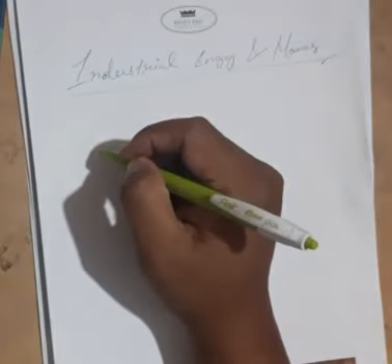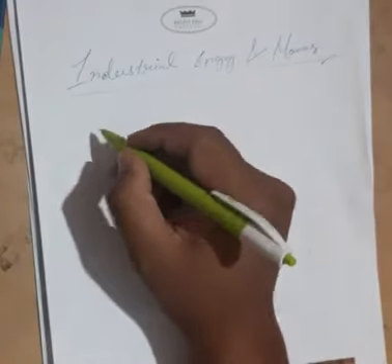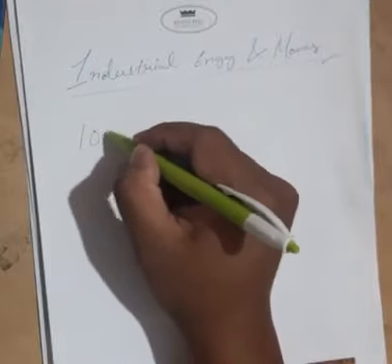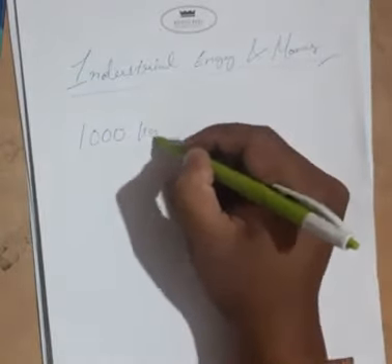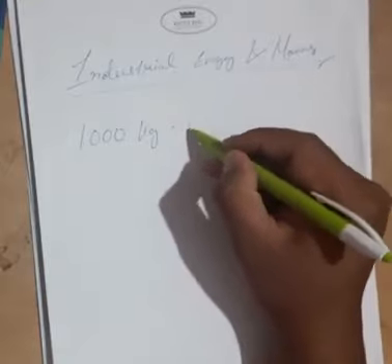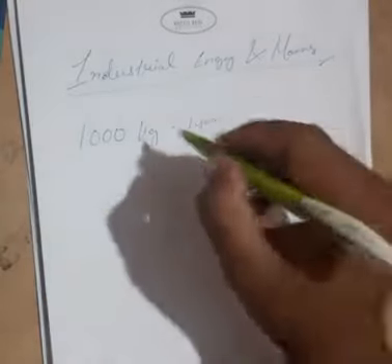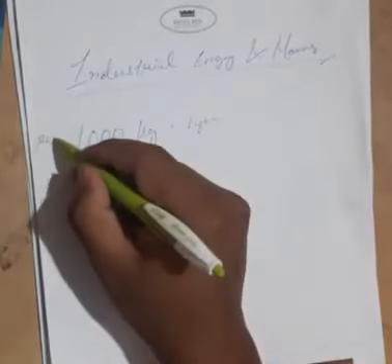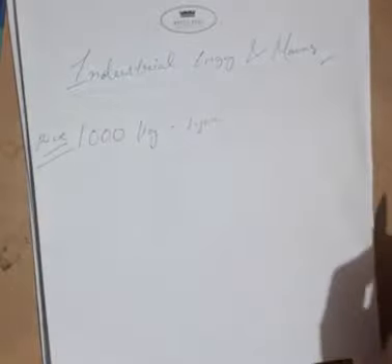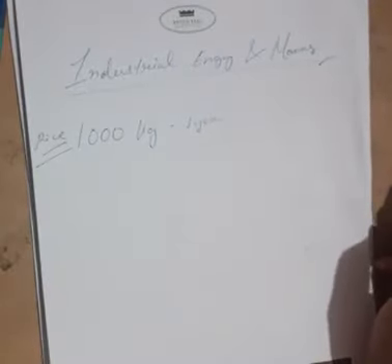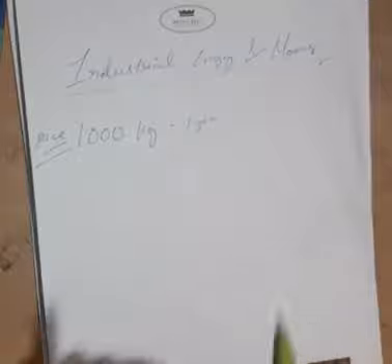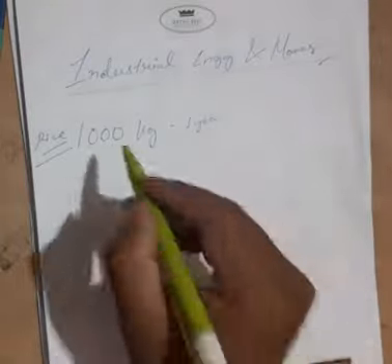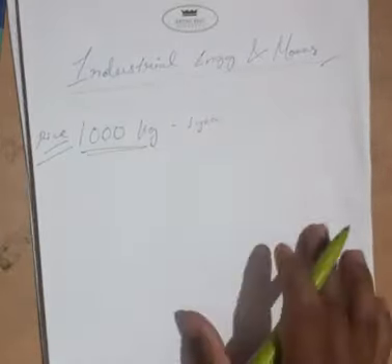So what is the number of orders? Suppose, as I said in the last class, you need 1000 kg of rice per year, fine. Now how are you bringing this 1000 kg?